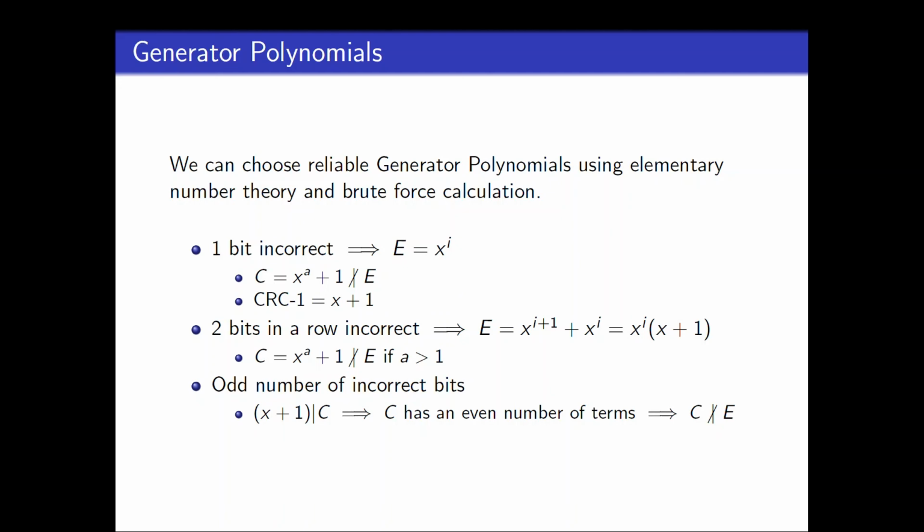From here, there's a lot of brute force calculations: I'm going to pick a generator polynomial that has x plus 1 as a factor, and then calculate every possible error that could occur and see if this polynomial divides it. And we are able to come up with a lot of good options for generator polynomials that work for most cases of errors that may occur for 1 bits, 2 bits, 3 bits, 4 bits, etc.